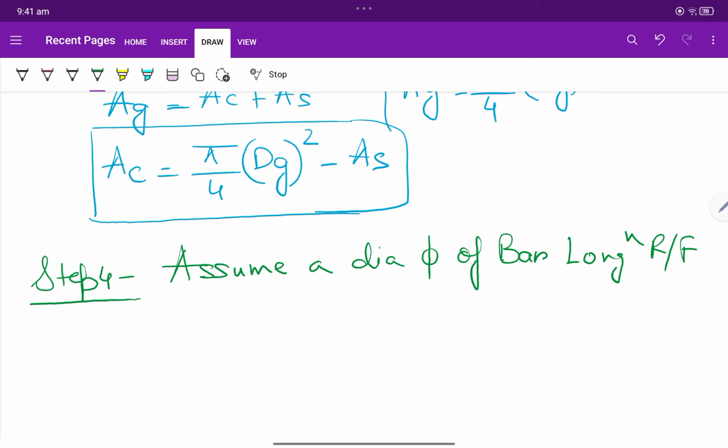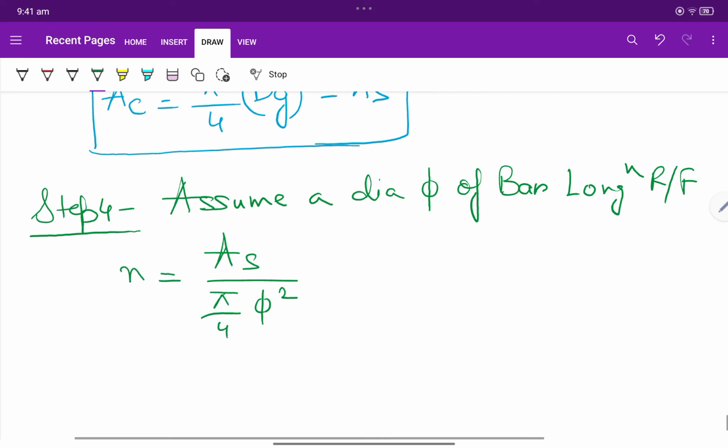Then we have to calculate the number of bars. Number of bars will be the total area of steel that we have got divided by the area of one diameter steel. Okay, so we will get the number of bars.